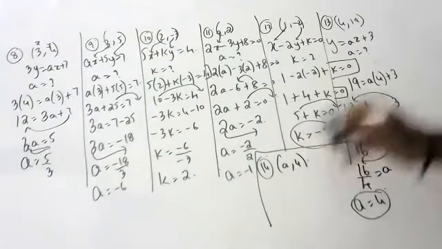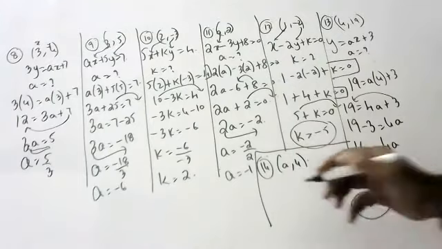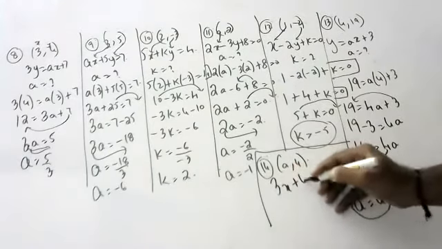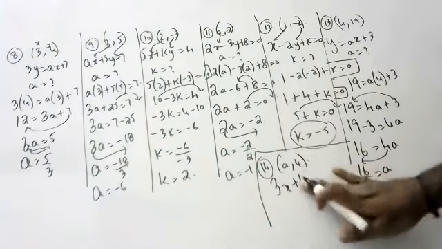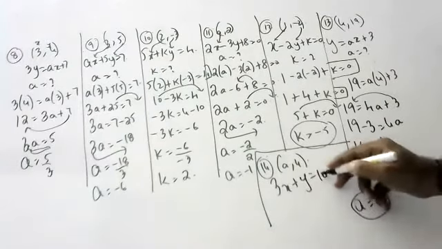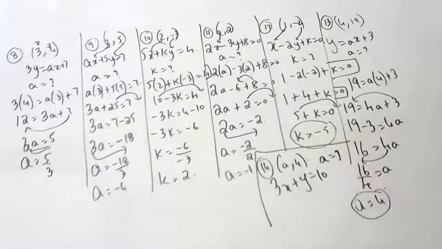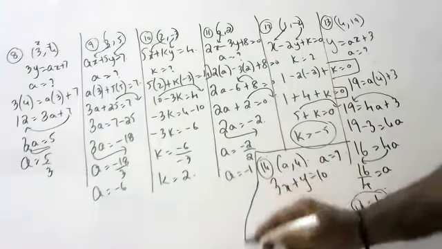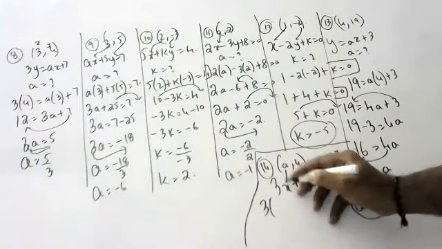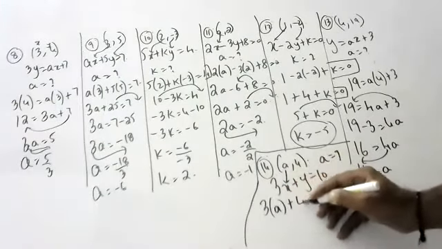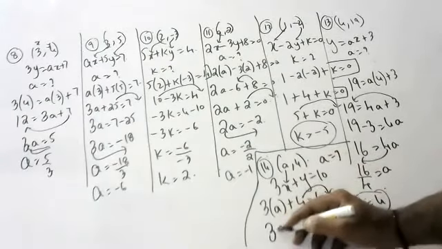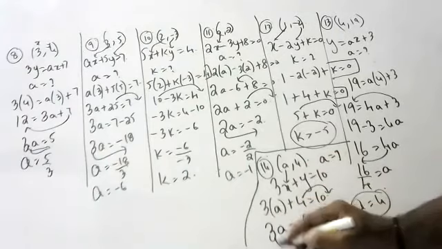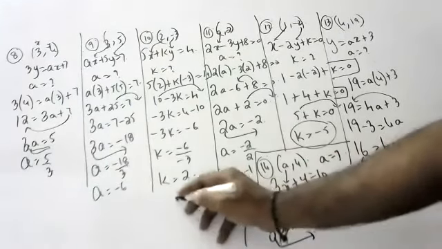A comma 4 is the solution of 3x plus y is equal to 10. Find a. 3 into a plus 4 is equal to 10. 3a is equal to 6, a is equal to 2.